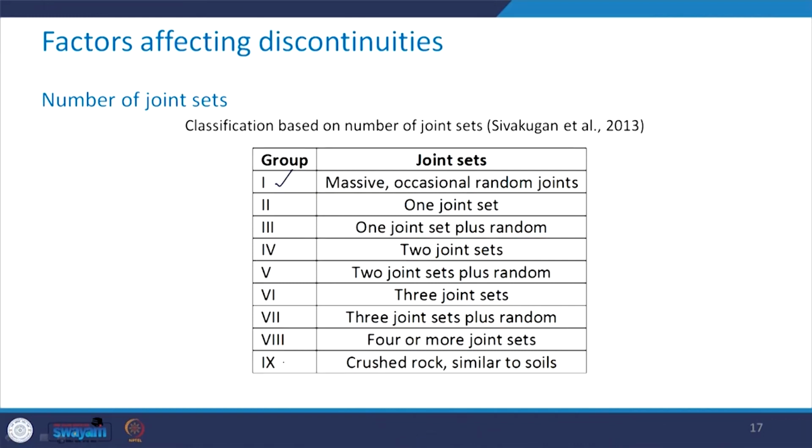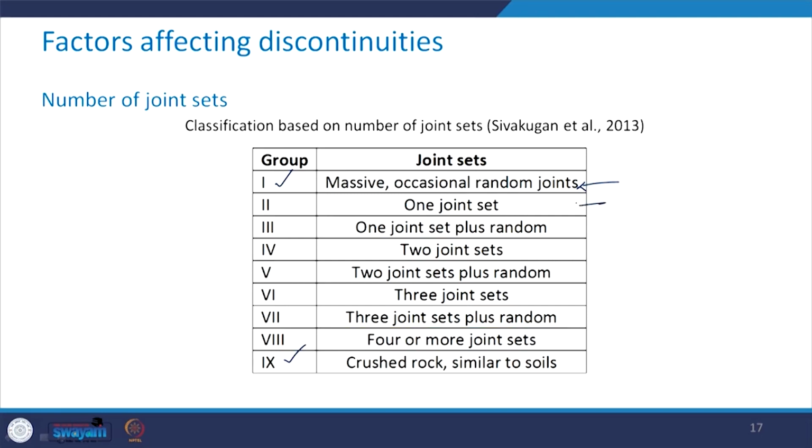So, based upon the number of joint sets, the classification is done and the rock mass is divided into a few groups starting from group 1 to group 9. You can see if you have massive or occasional random joints, then it falls under group 1.